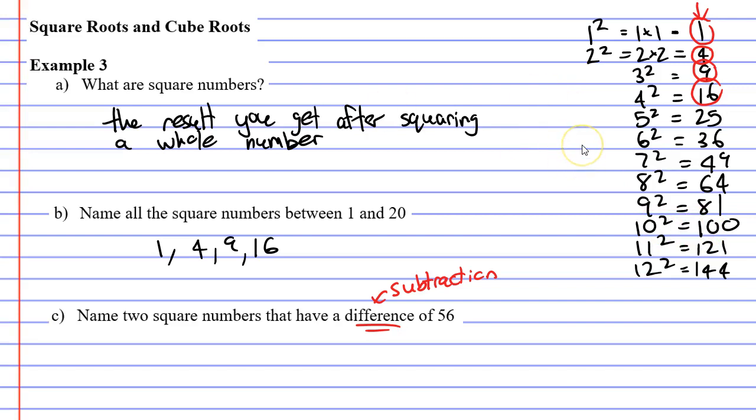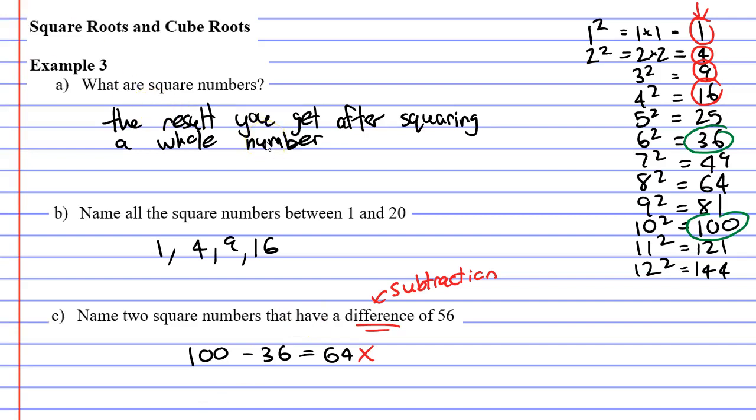I'll do it in green. Let's take 100 and let's take 36, and let's subtract them. 100 minus 36 equals 64. So it can't be that. Basically, we're looking for 2 square numbers that subtract to make 56.